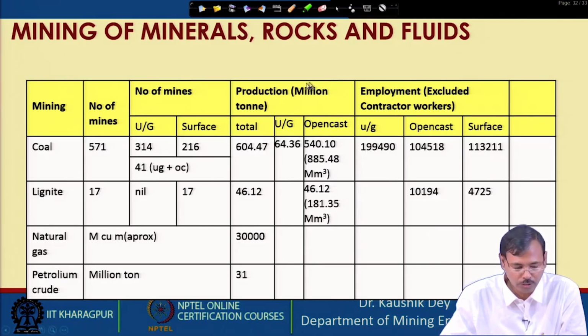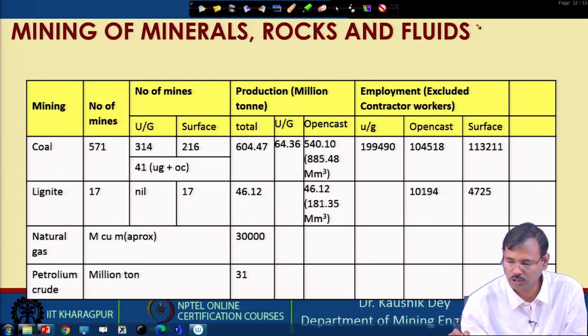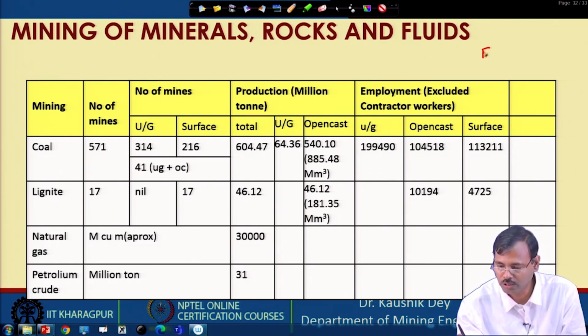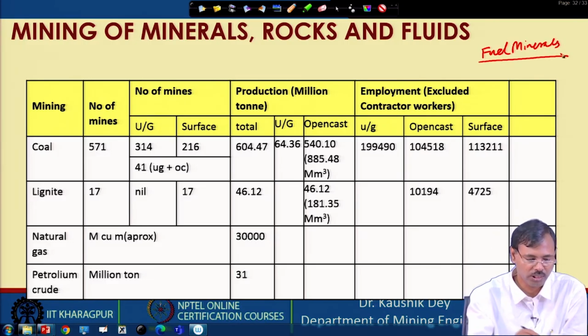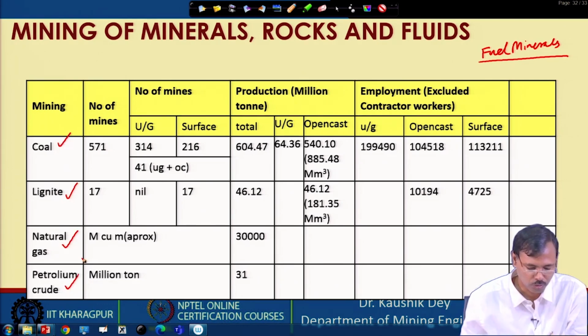This is related only to the fuel minerals. We have 4 fuel minerals: the major one is coal, then lignite, natural gas and crude petroleum.